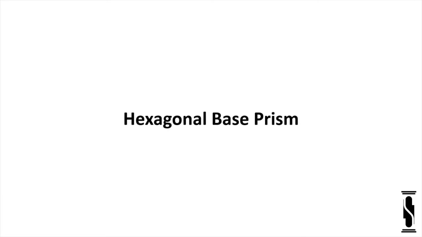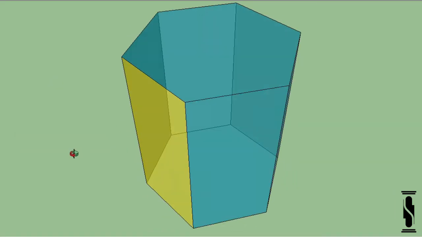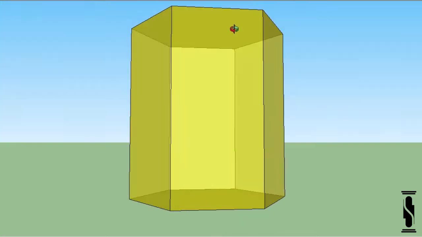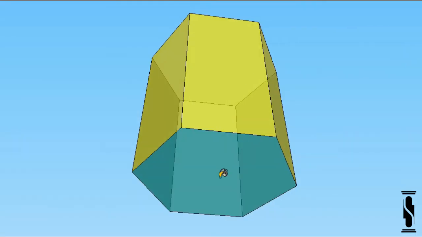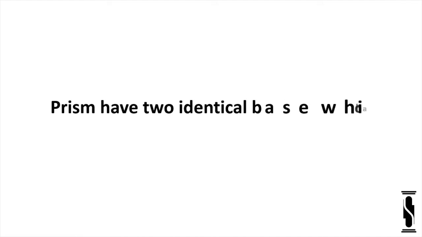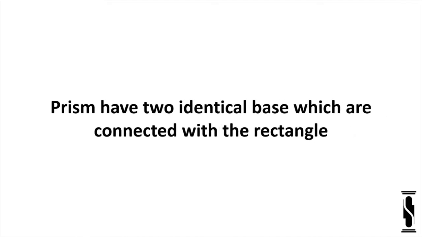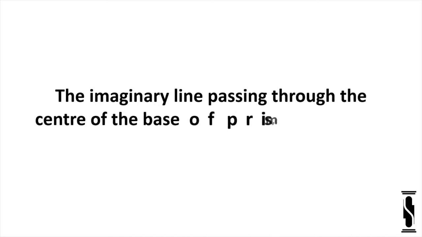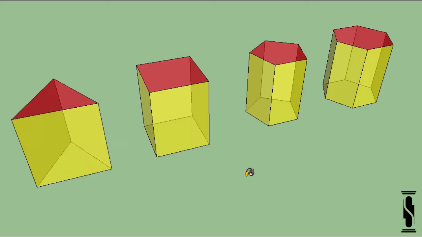Similarly, a regular hexagonal base prism will have two identical hexagonal bases which are connected by 6 rectangular faces. So we can conclude that a prism has two identical bases which are connected with rectangular faces. An imaginary line passing through the center of the bases is known as the axis of the prism.